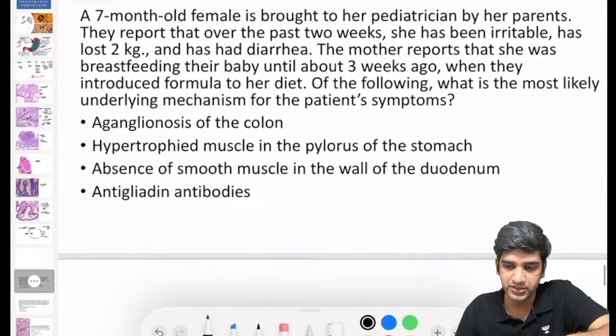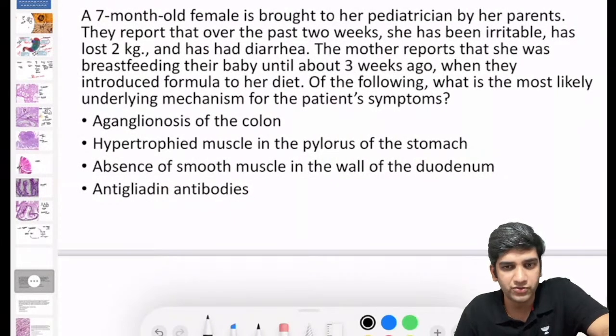Okay, the first thing is this. I'll mute myself for 30 seconds. Comment on the answer. I want everyone to comment the answer. It's a very, very simple question.